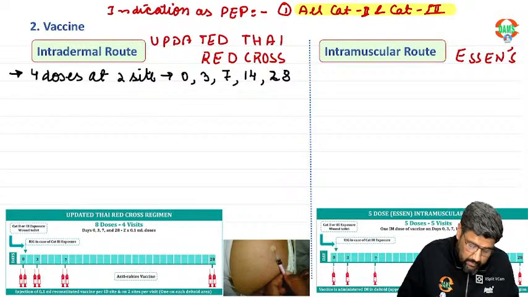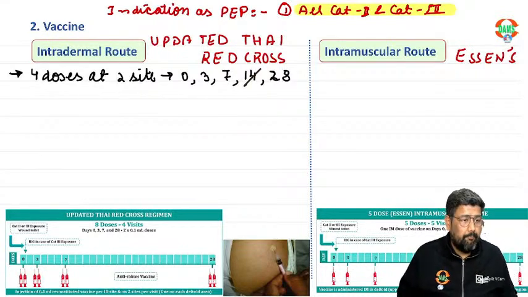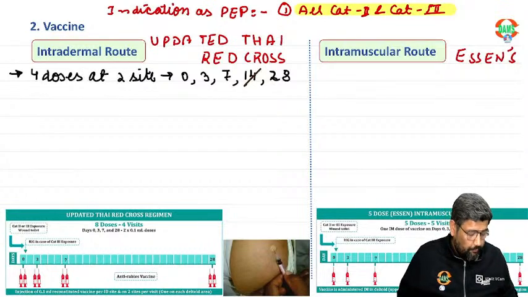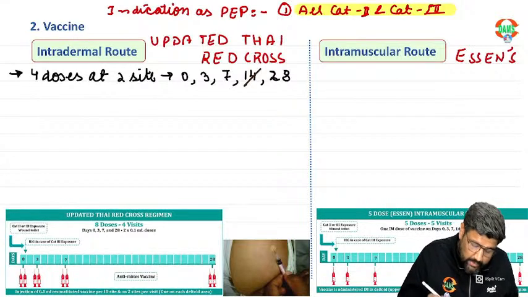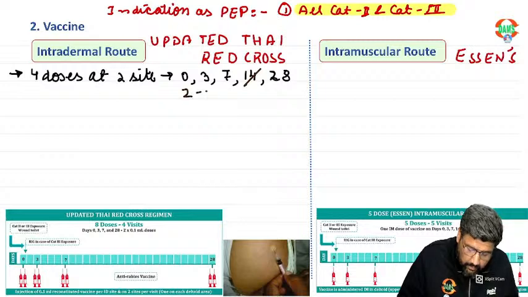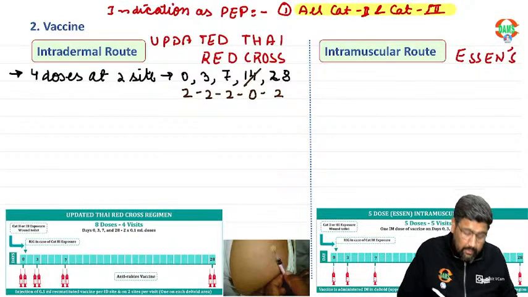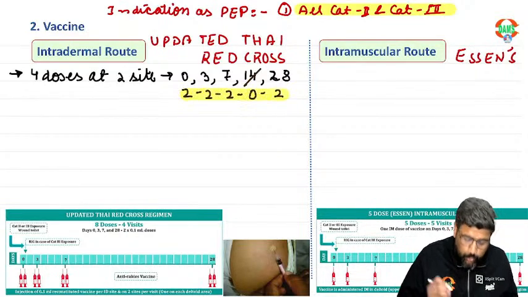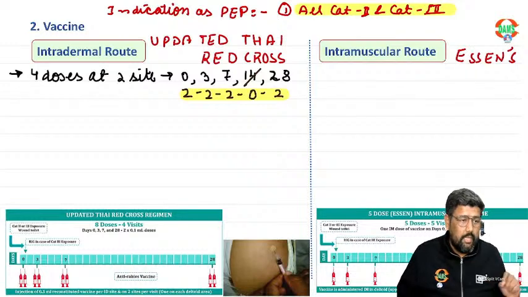If I am giving this updated Thai Red Cross, I don't give vaccine on 14th. So 2 injections I am giving. Then 2, then 2, then 0 and 2. That is why this is known as 22202 regime.